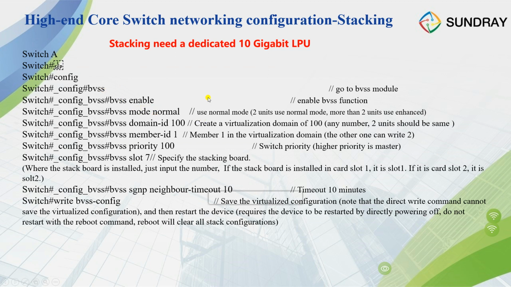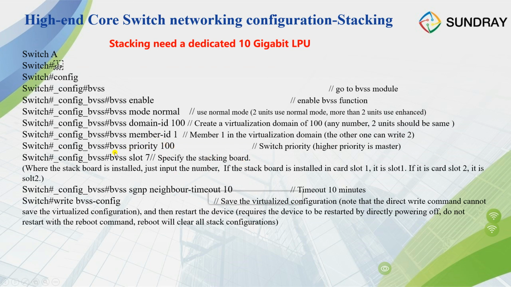If you just have two core switches to do the stacking, just use the normal mode and configure the domain ID, the same on both switches. The first one you configure as member one, and the other as member two. For the first one you give the priority of 100. This one will be the master, and the other is lower.